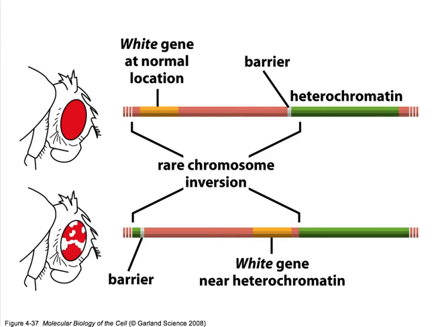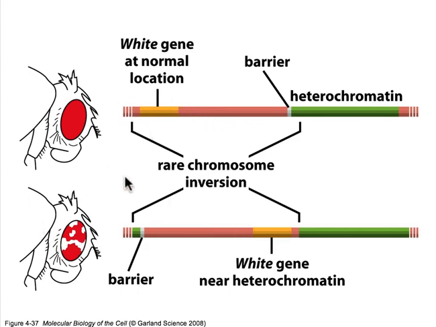Here the effects of heterochromatin can be analyzed. In the top row, the eye is wild type, fully red without any white patches. This is because the white gene is a long way away from heterochromatin, and there is a barrier which prevents the tight packaging of heterochromatin from spreading into the loose packaging where the gene resides.